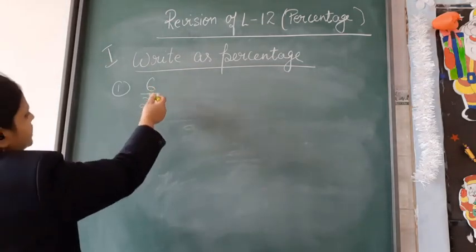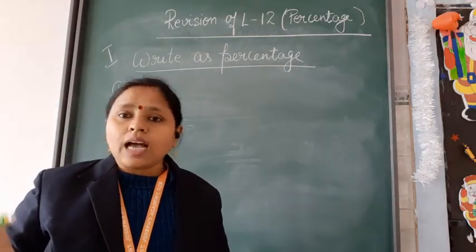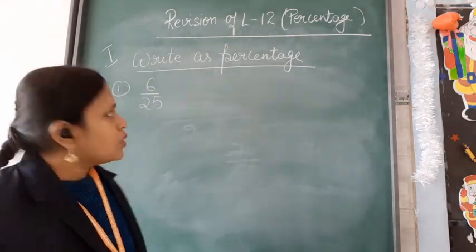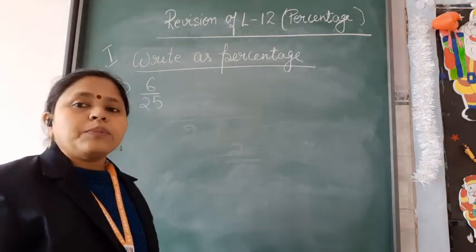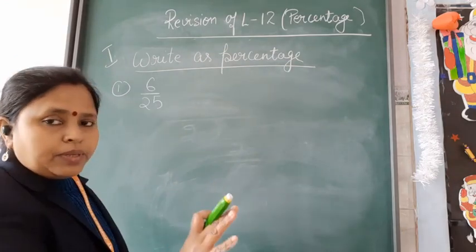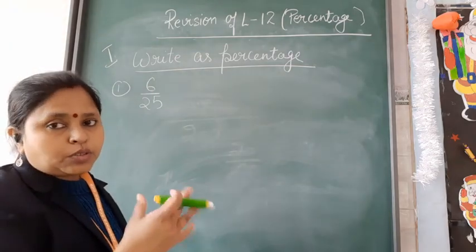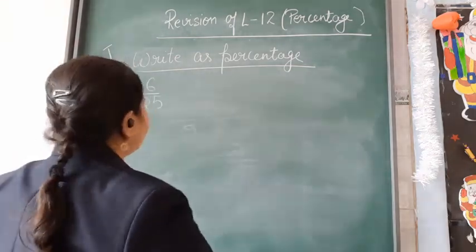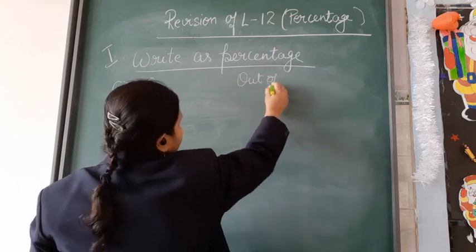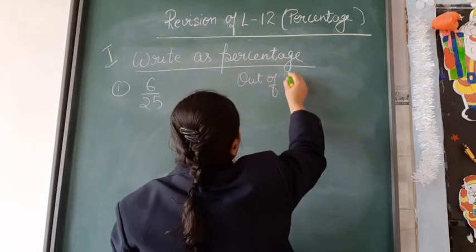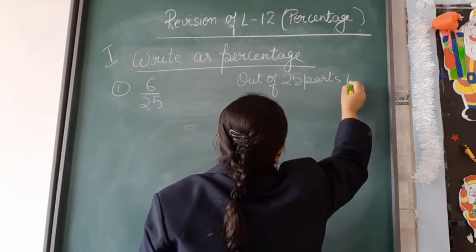From the fraction 6 upon 25, we can make out that it is 6 out of 25. Just for the explanation's sake, I am giving you one example with the help of the unitary method. Suppose out of total 25 parts, there are 6 parts.